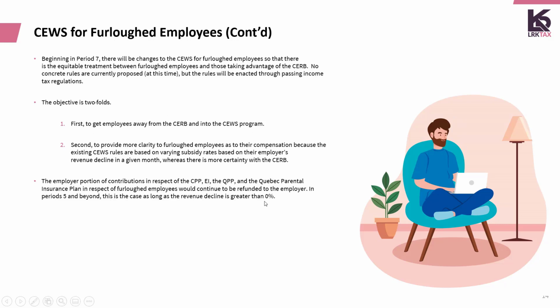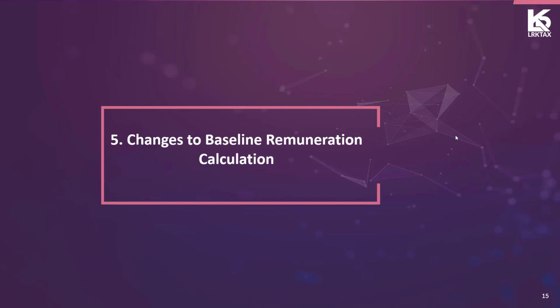With the CERB, there's more certainty. With the wage subsidy, there isn't. So for the government's objective of getting people back onto the payroll and involved in the workforce, this provides a little bit more stability. There are no concrete rules at this particular time, but it's going to come soon.